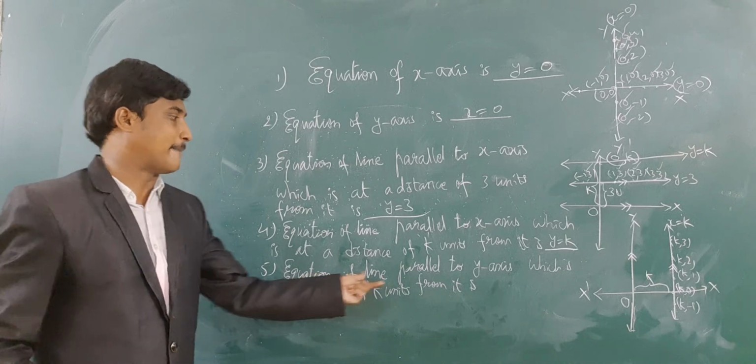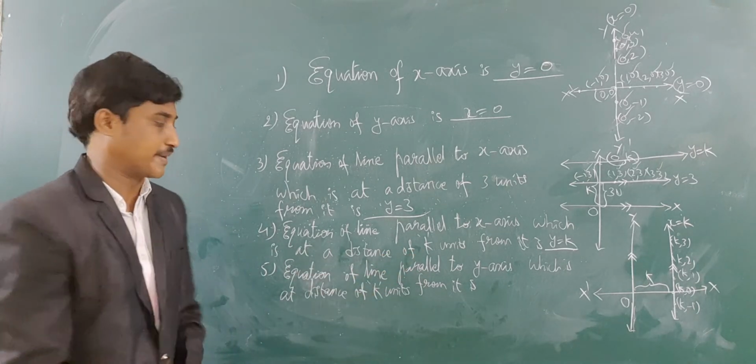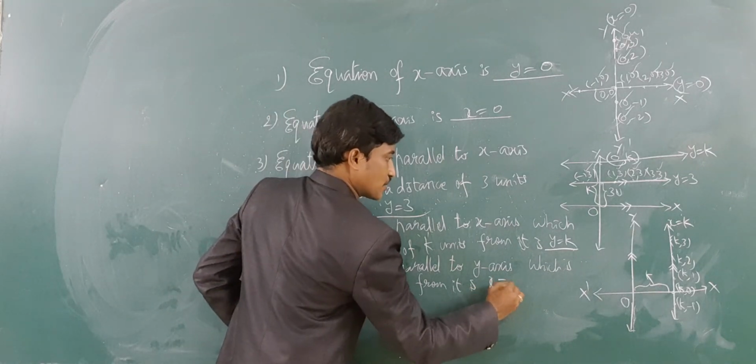Equation of line parallel to y-axis which is at a distance of k units from it is x is equal to k.